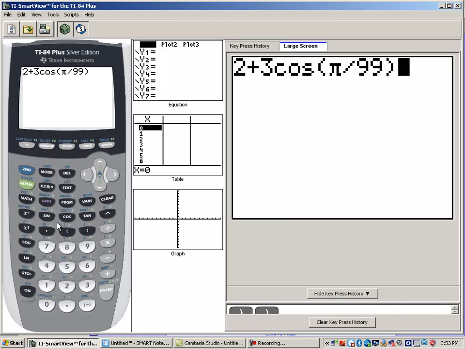Oh, not 99. Let's back that up. Let's delete that, and then go back one more. Okay. Cosine pi over 9 and then times 2.